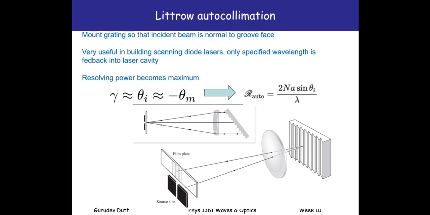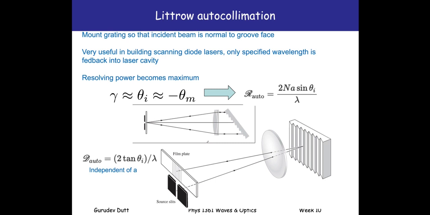The original beam gets reflected back, and there is a spread in the other wavelengths. So you can choose which wavelength is fed back into the original cavity, for example a laser cavity. And that allows us to build scanning lasers. We can only feed back one wavelength in the Littrow autocollimation grating condition.